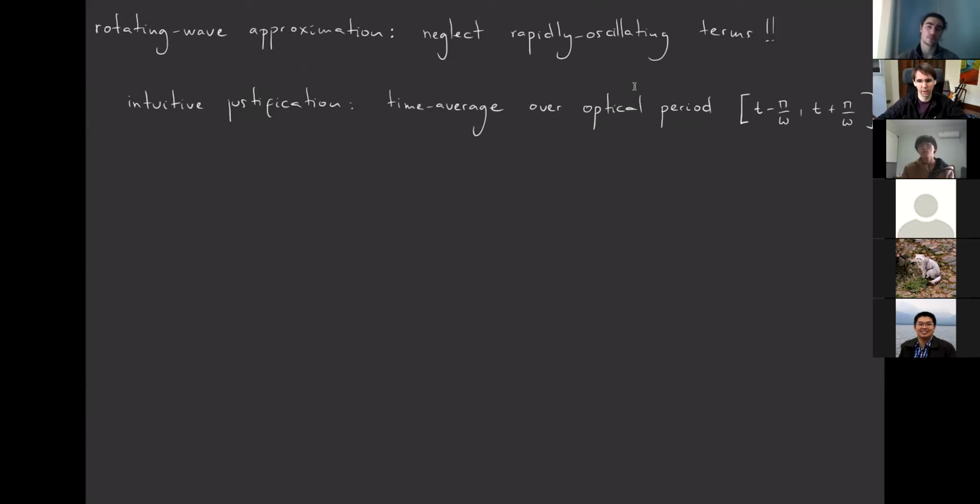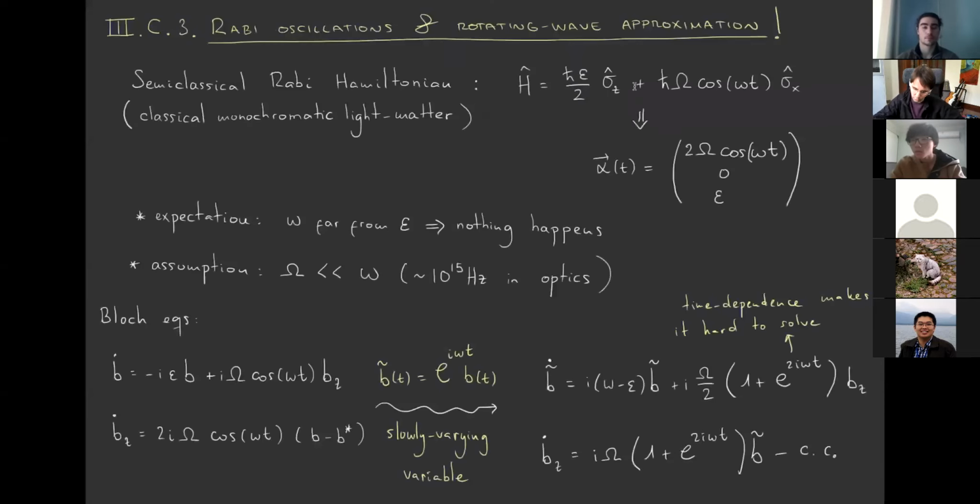So averaging means that we just take the integration from t minus pi over omega to t plus pi over omega in the time variable, which I will call t prime, divided by the period, which is 2 pi over omega. So we do this averaging for these equations here.